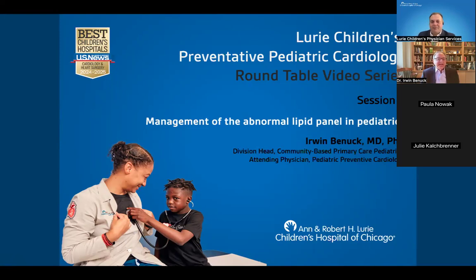Dr. Bennick, before we get started, you're not only part of the Preventive Cardiology Program, but you're also the division head for community-based medicine primary care here at Lurie Children's. Can you just tell us a little bit about that division? Oh, thank you for asking. This is actually the largest division. We have over 500 members. 150 are faculty members who participate in academics and education.